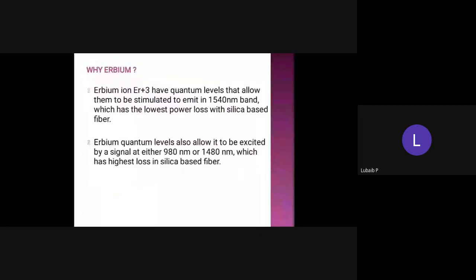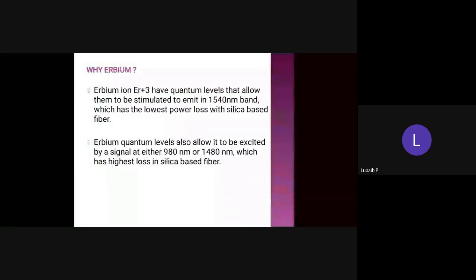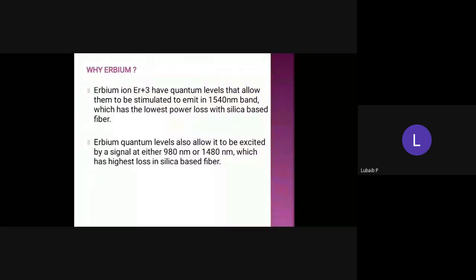So why erbium? There are so many atoms or materials available for doping, so why do we use erbium here? What is the reason behind that? The erbium ion Er3+ has quantum levels that allow it to be stimulated to emit in the 1540 nanometer band, which has the lowest power loss in silica based fiber.